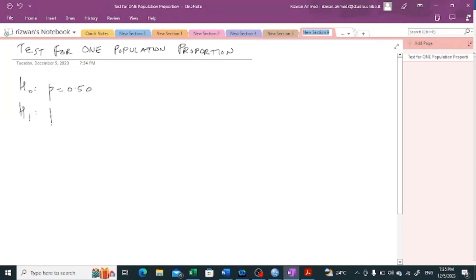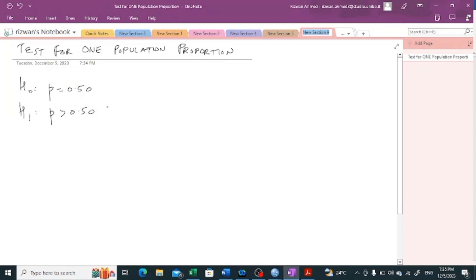H1: P exceeds 0.5, because we consider majority to be when the percentage or proportion exceeds the 0.5 value.